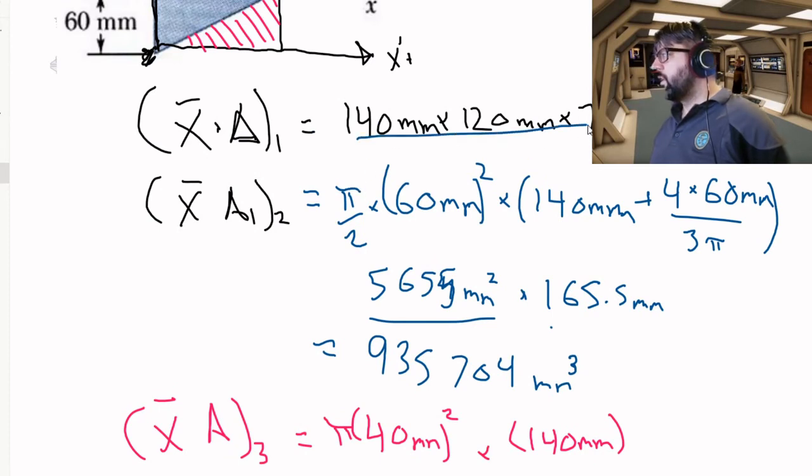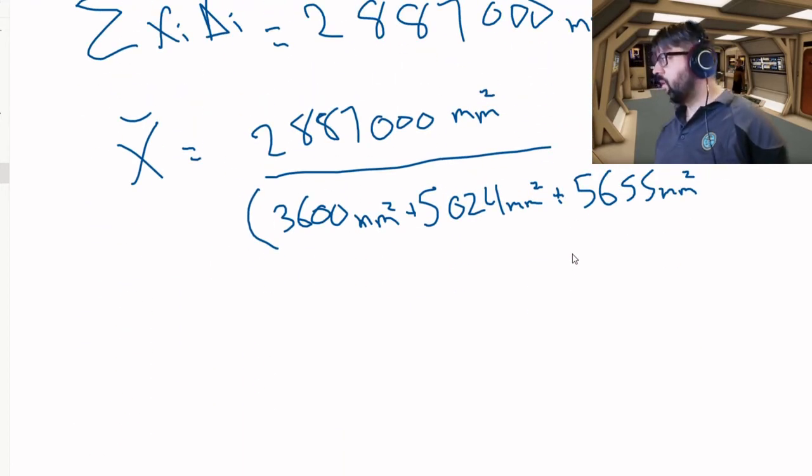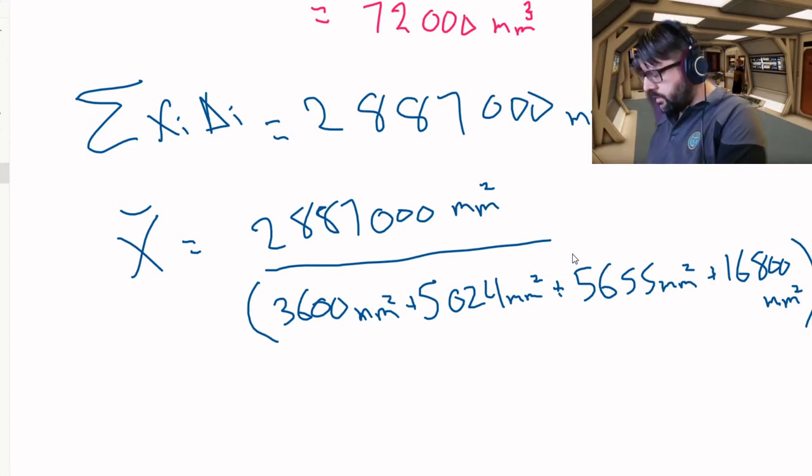And we've got this value, which I didn't bother to calculate yet, so 140 times 120. That's equal to 16,800. So, total area.